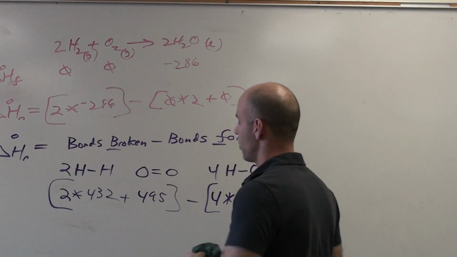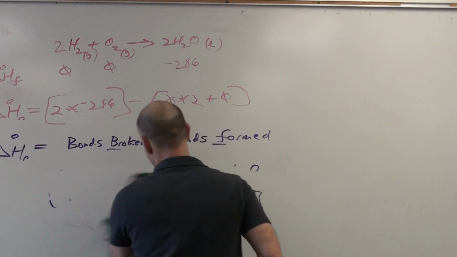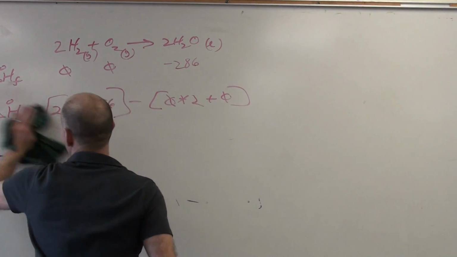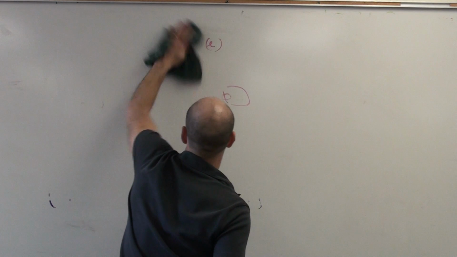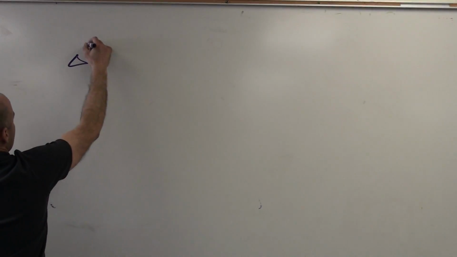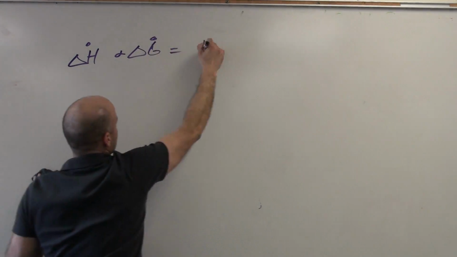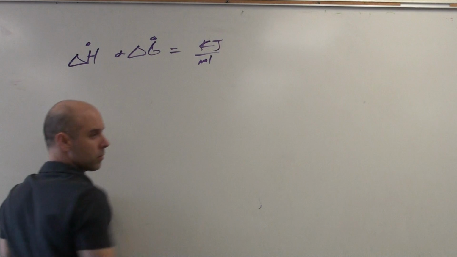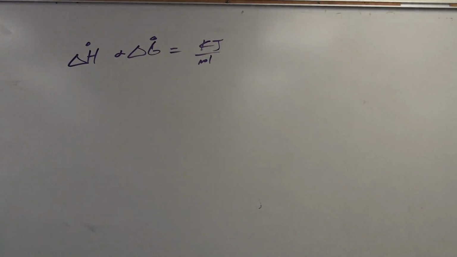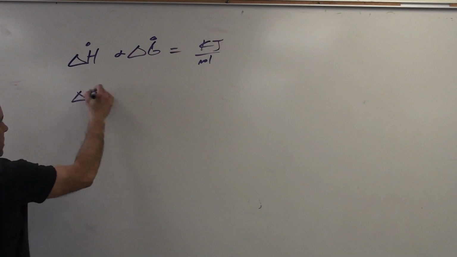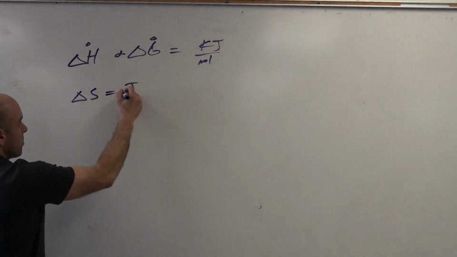Delta H, that's a really good question to bring up. For delta H and delta G, the units are kilojoules per mole. And for delta S, the units are joules per mole kelvin.